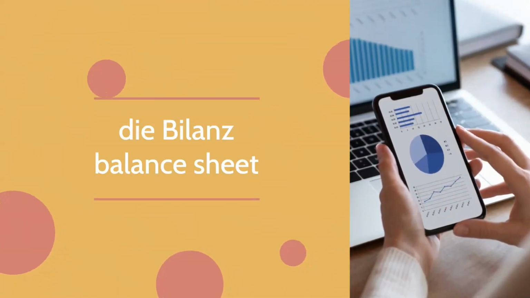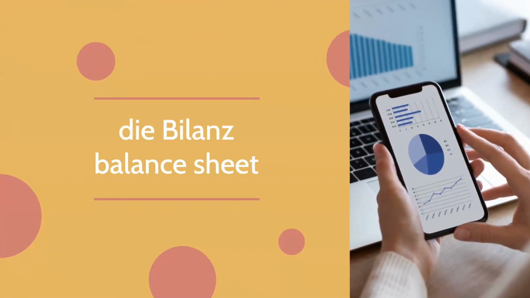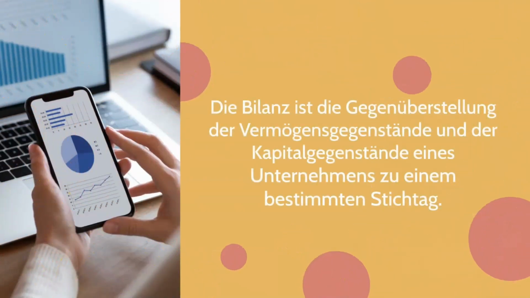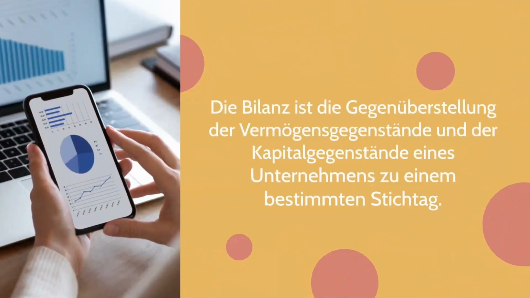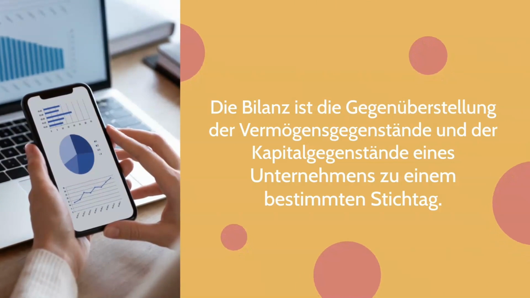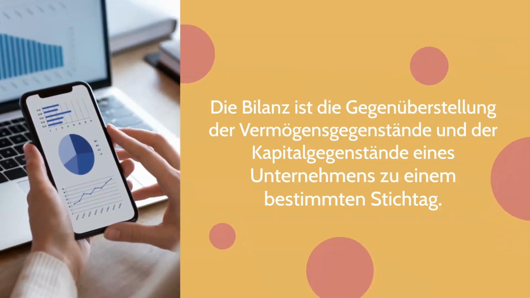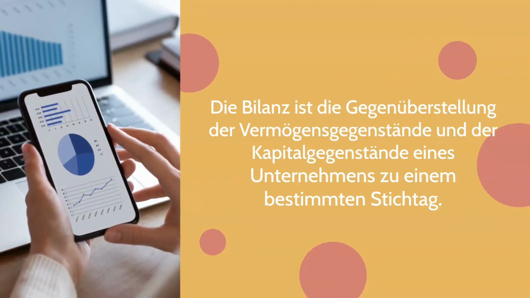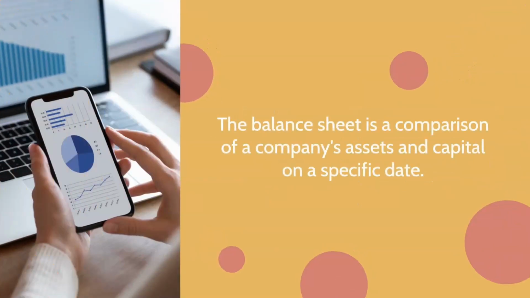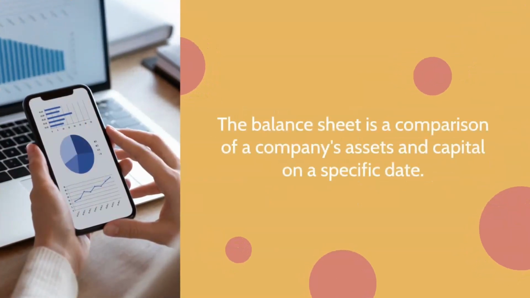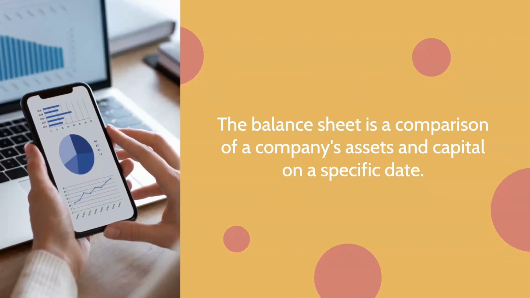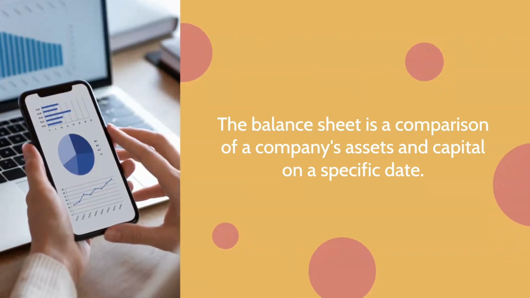Die Bilanz, Balance Sheet. Die Bilanz ist die Gegenüberstellung der Vermögensgegenstände und der Kapitalgegenstände eines Unternehmens zu einem bestimmten Stichtag. The balance sheet is a comparison of a company's assets and capital on a specific date.